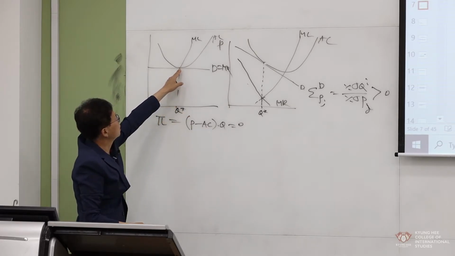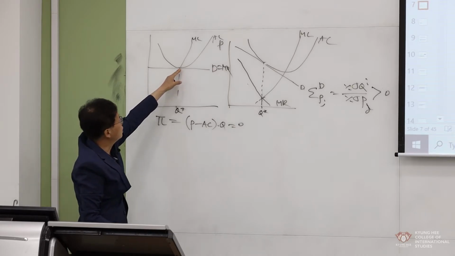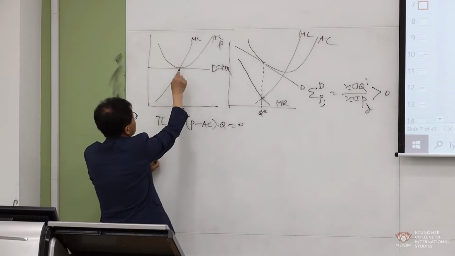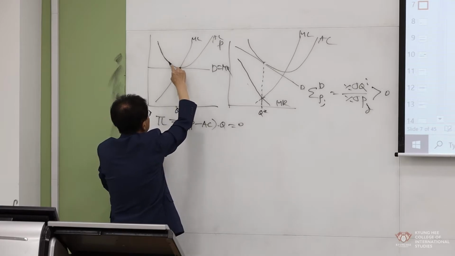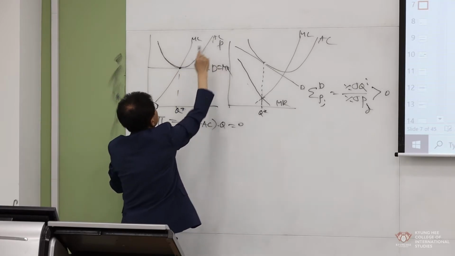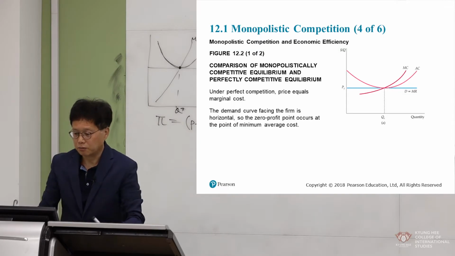At this Q star, profit is equal to 0 because price equals average cost, right? And this marginal cost curve crosses the minimum point of the average cost curve, okay? When the market is perfectly competitive.